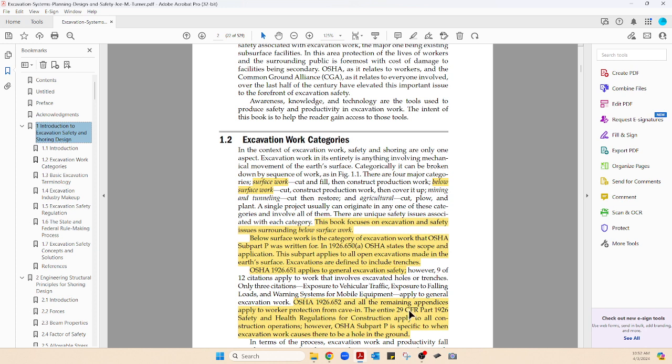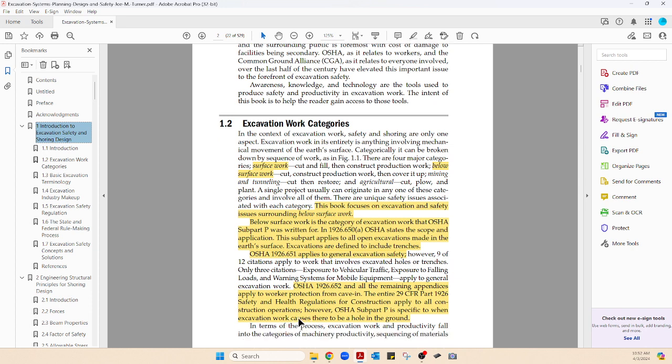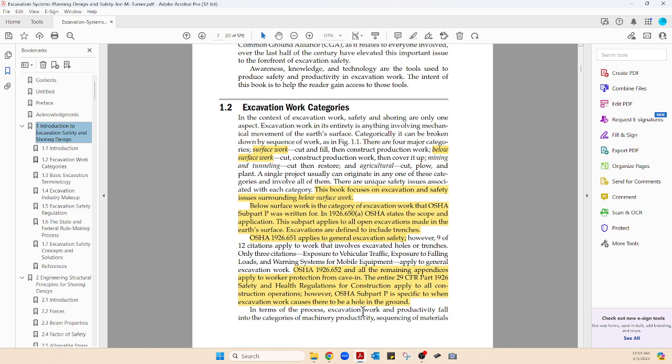The entire 29 CFR Part 1926 safety and health regulations for construction apply to all construction operations. However, OSHA subpart P is specific to when excavation work causes there to be a hole in the ground, subsurface.